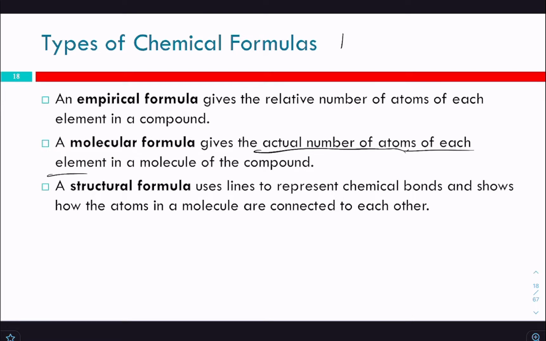So if we had something like, let's make up a compound here, N2O4, we'll say that this is the molecular formula. The empirical formula of that compound would be the simplest ratio between them, which would be NO2.